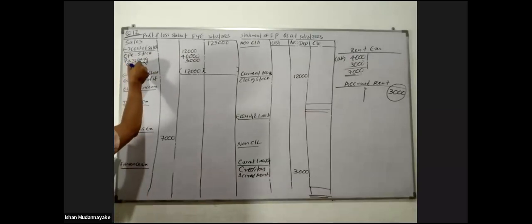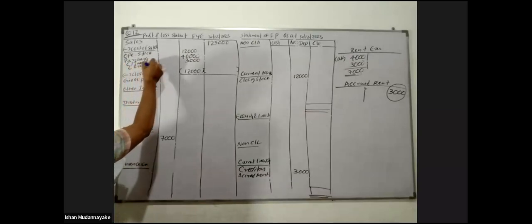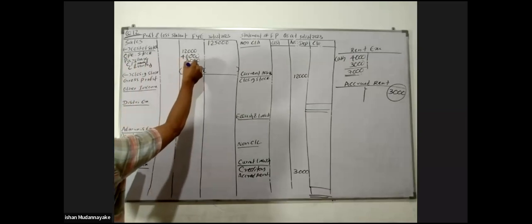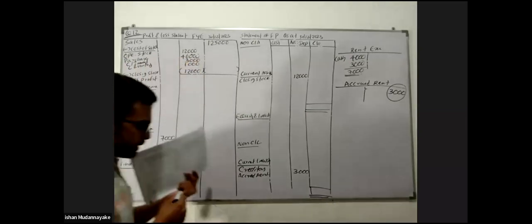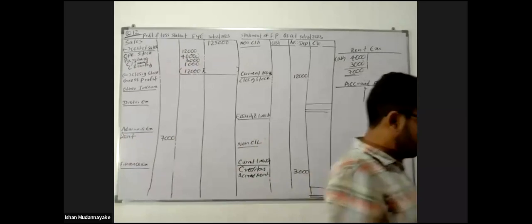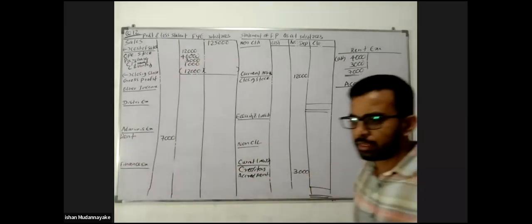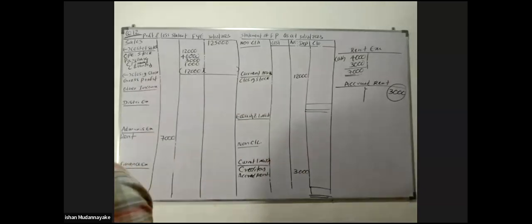Loading and unloading expenses 1,000. Purchases plus loading and unloading expenses 1,000.